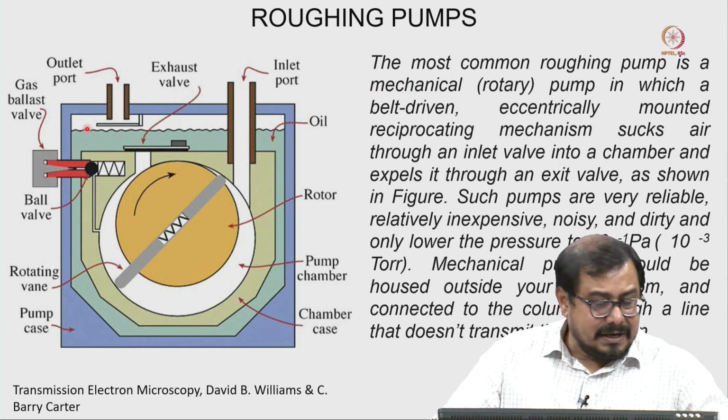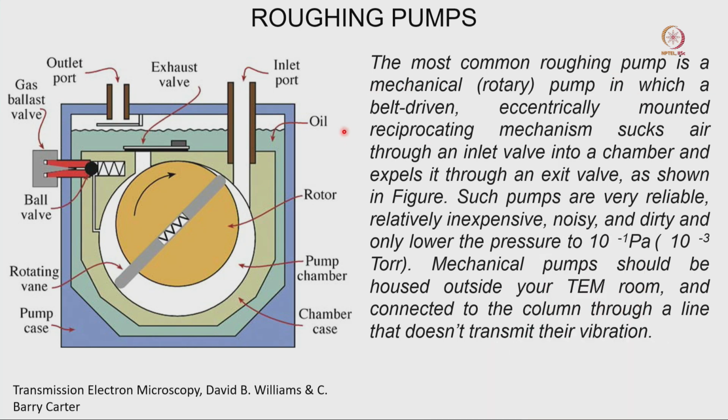Here, the most common roughing pump is a mechanical rotary pump in which a belt driven valve is rotating, and it helps us remove moisture or air. Let us look at the diagram.